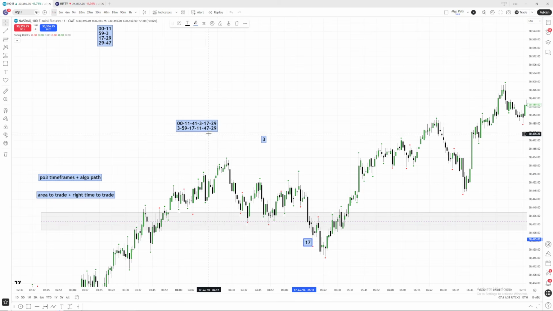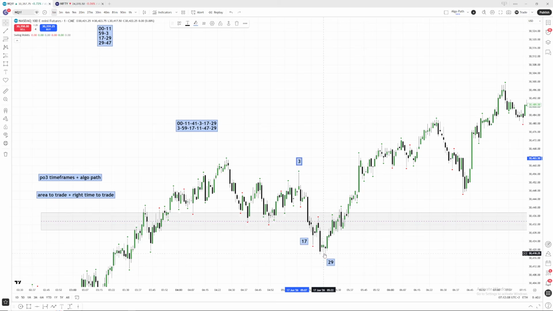Next, we should end this algo at 29. Here the market uses addition, which is 524, which is 5 plus 24 is 29. Now I normally don't use addition, but we don't know what the market uses. It's an assumption. So what it did, it played out the end of the algo path. 3 algo 1, 3, 17, 29. 3 or 7, 17, 29.